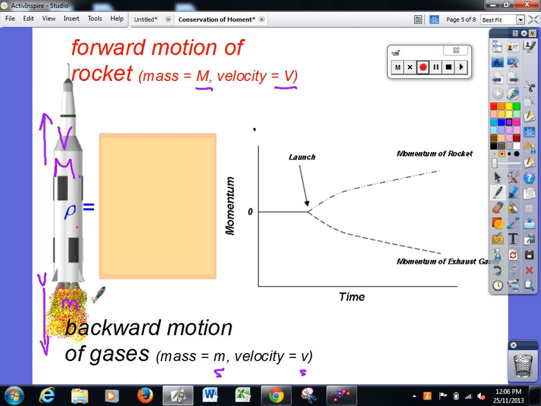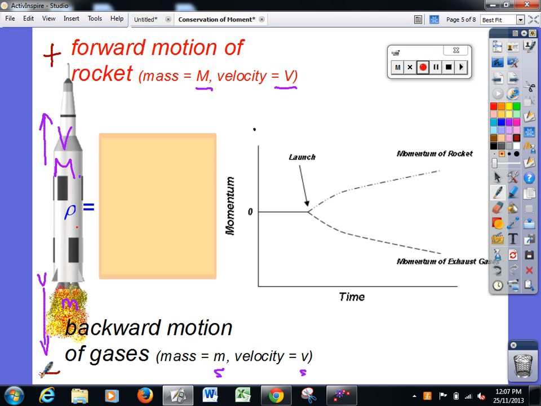Okay? Now we know that there is zero momentum. The other thing we must remember is momentum is a vector. So I must give a frame of reference. I'm going to say up is positive and down is negative.